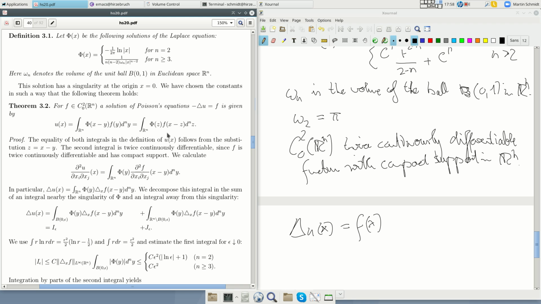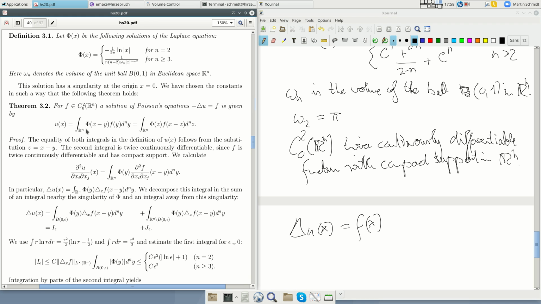This is just by substitution. Here we substitute x minus y and call it z, and then by translation invariance we have the same measure. And if z is equal to x minus y, then y is equal to x minus z. So this is just a substitution.